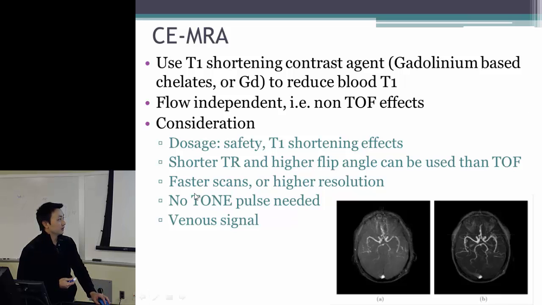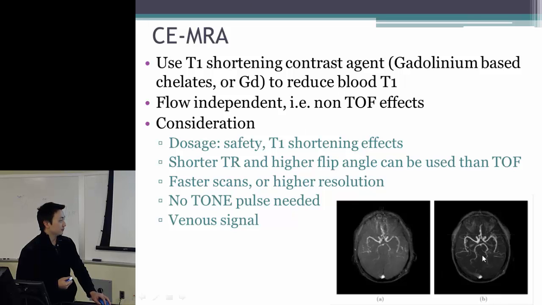And then with the much shorter T1 in the blood, we can now use an even shorter TR and a higher flip angle. On one hand, it can increase the blood signal, and on the other hand, it can also further suppress the tissue signal.